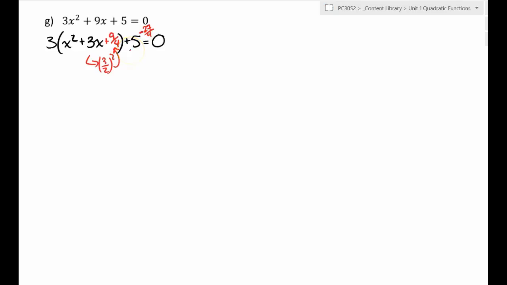So again, dealing with fractions, not our super favorite thing to do, but we can accept that. So we've got 3 times x plus 3/2 squared, and then 5 turns into 20/4. Minus 27/4 would be -7/4. Finally working.